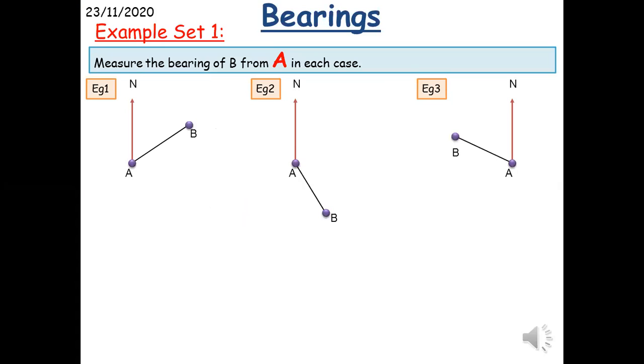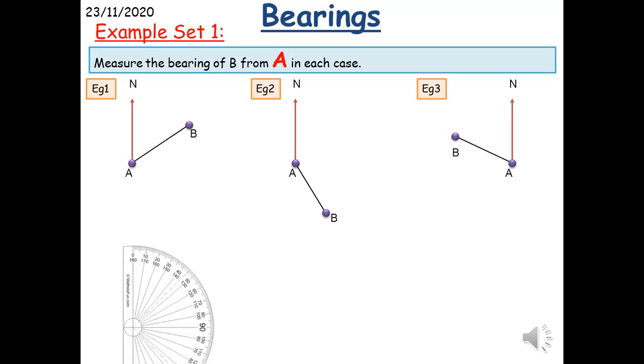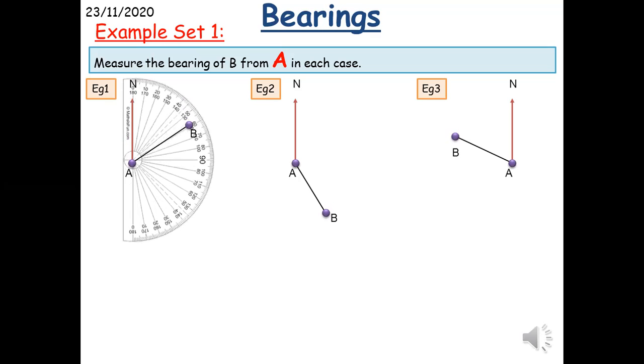Okay, another type of question: he's telling me to measure the bearing of B from A. So how to measure bearing? We said that bearing is an angle. So to measure an angle, you must use a protractor. Okay, how to place the protractor?